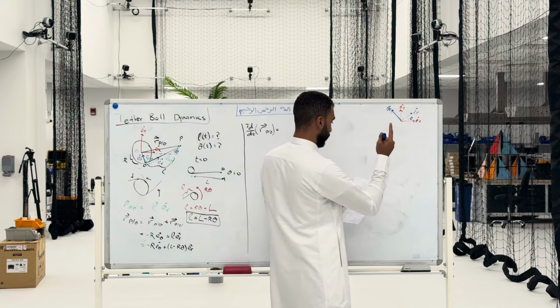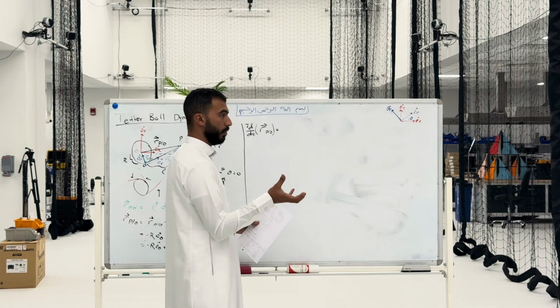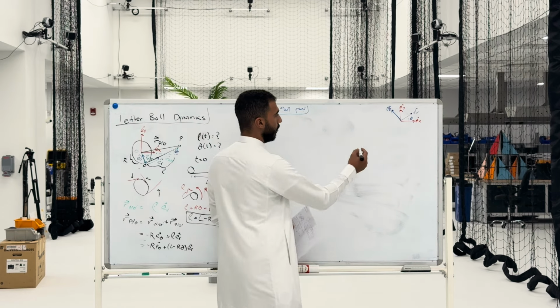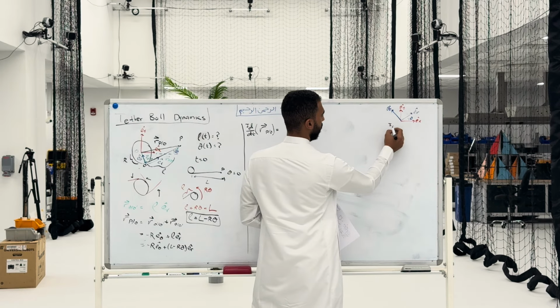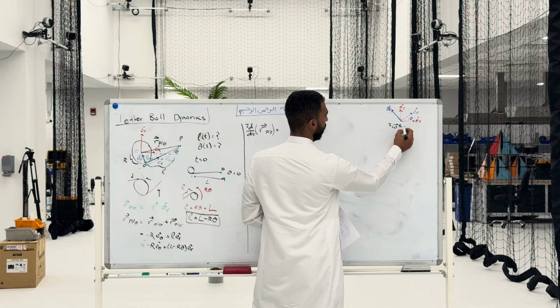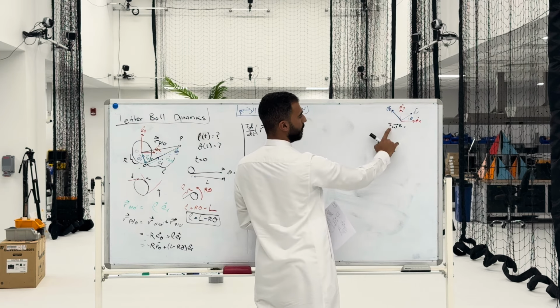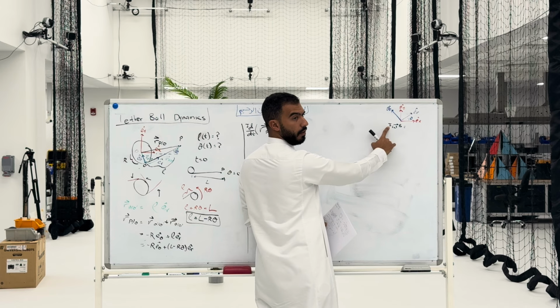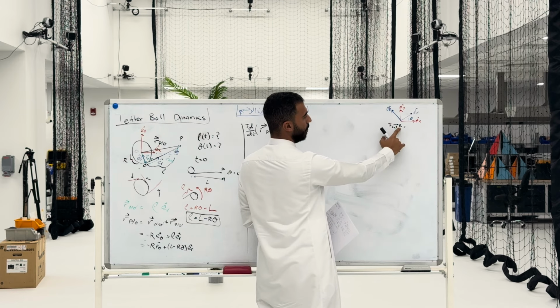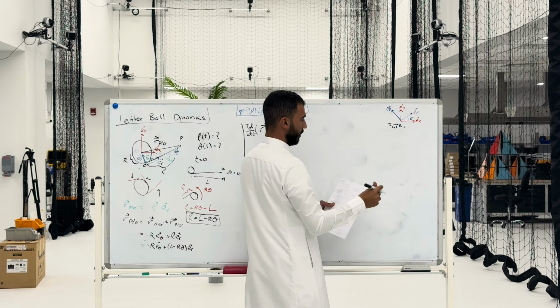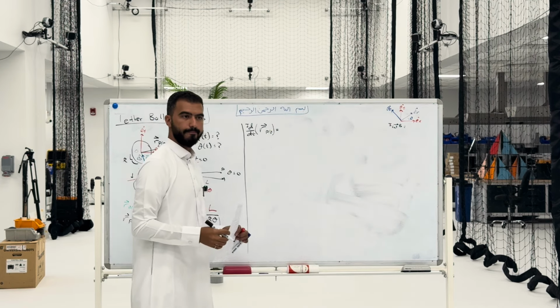For us to do that, we need an expression for the rotational velocity, omega, of that frame. The frame is rotating with a certain angular velocity with respect to the I frame. That's how you say it. So the rotational velocity of the B frame with respect to the I frame. What is this expression as a vector?